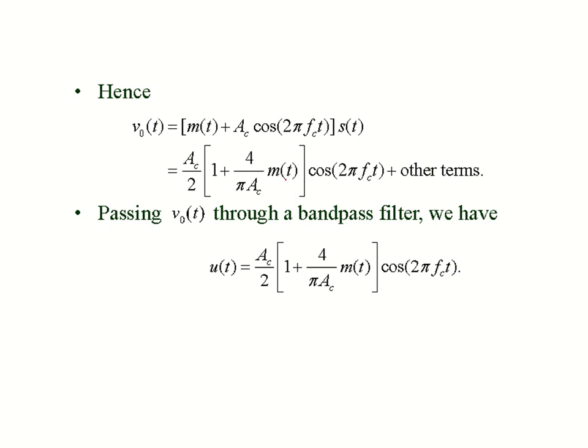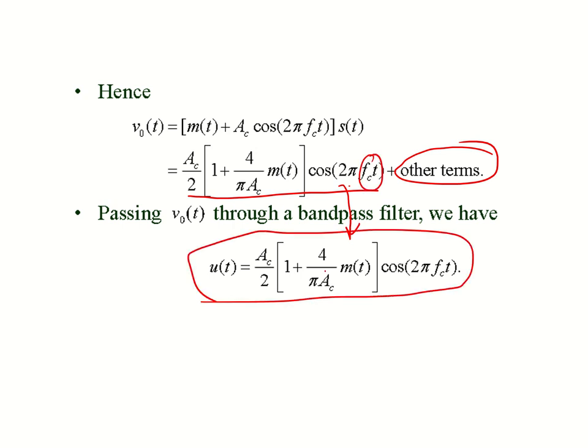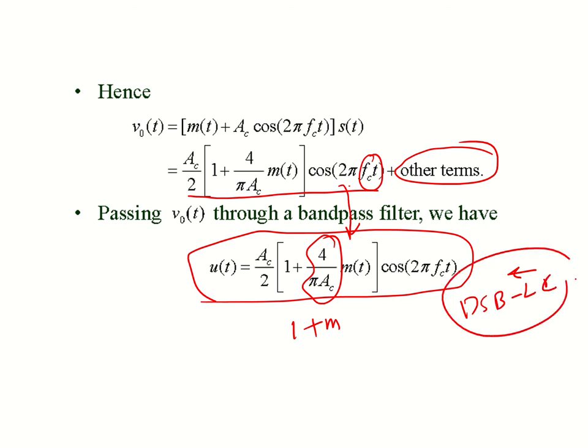For the first case we get this term and then all the other terms. When this is passed through a band pass filter tuned at FC, we get only this component, again 1 plus m of t times cosine of 2 pi FCT. So this is the double sideband large carrier output, which we can get using the switching modulator.